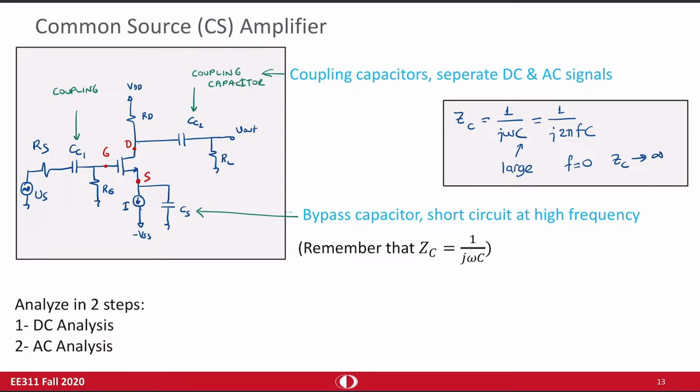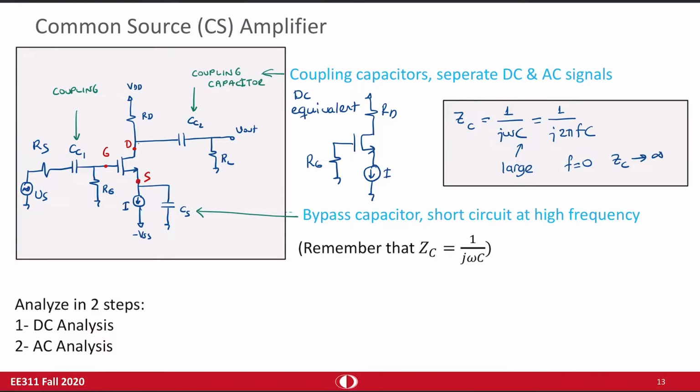It behaves like an open circuit. So in DC, the equivalent circuit is just this one: RD, the transistor is there, CS is an open circuit, CC2 is an open circuit. And we have just this very simple DC circuit. So this is the DC equivalent.